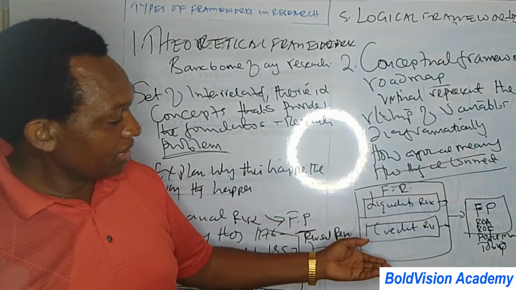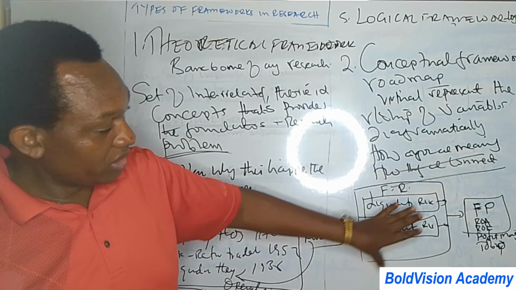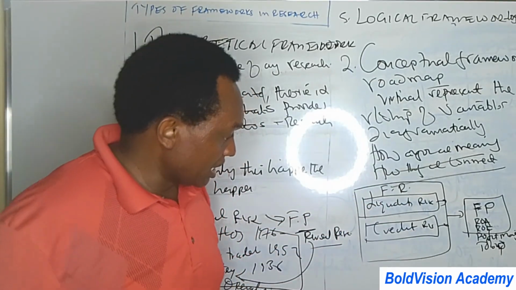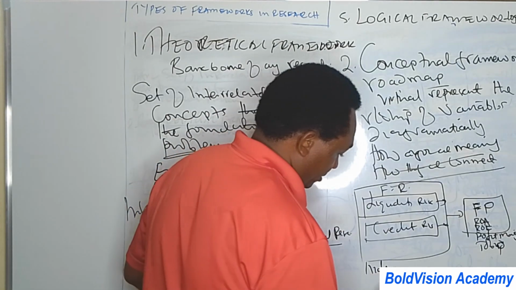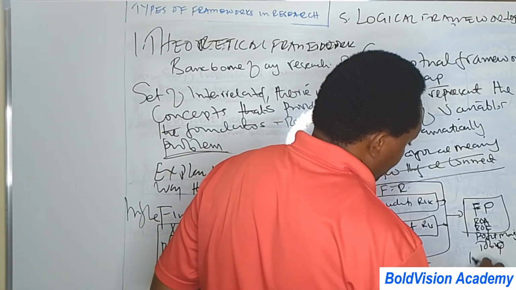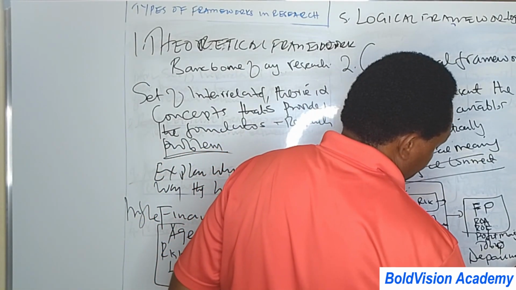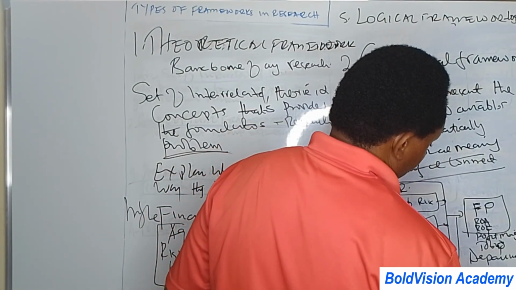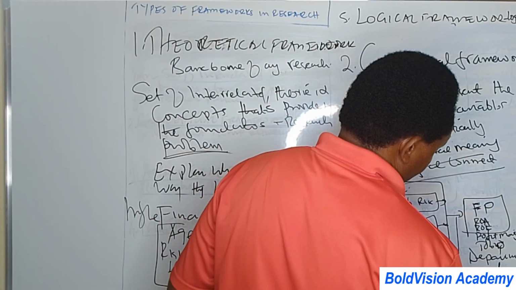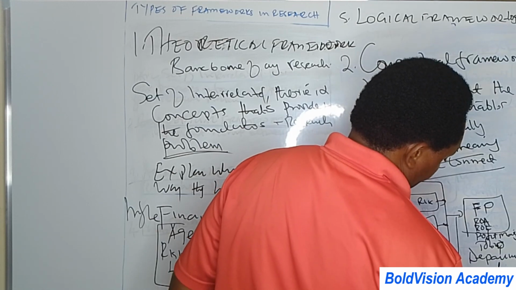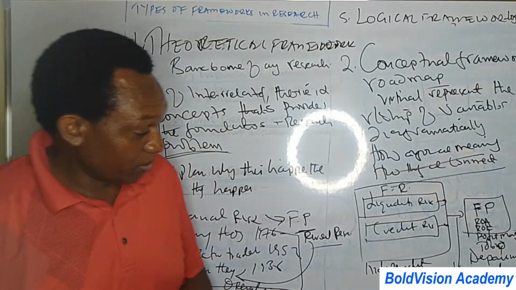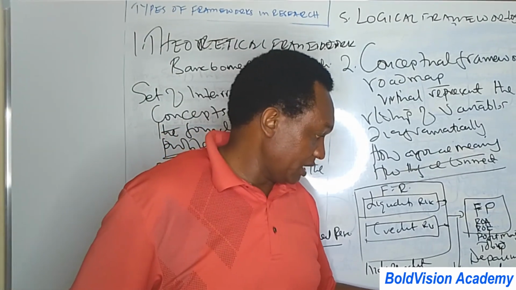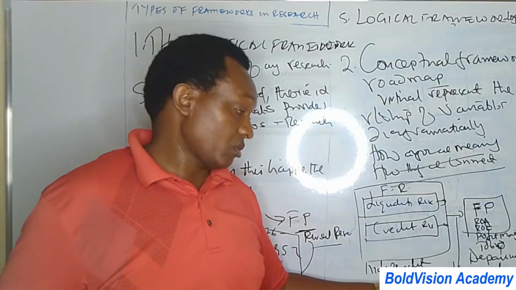So you cannot bring in here a variable which is not connected. I've seen some students bringing in variables and telling us this is the independent variable, but when you check through, these variables are not connected. And here we can bring in a moderating variable, a mediator, or a control variable. I'll be bringing in a new video to explain how you can select a moderating, a mediating, or a control variable, and how you can know one.